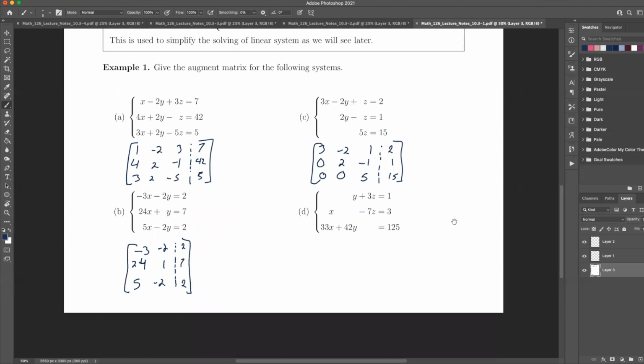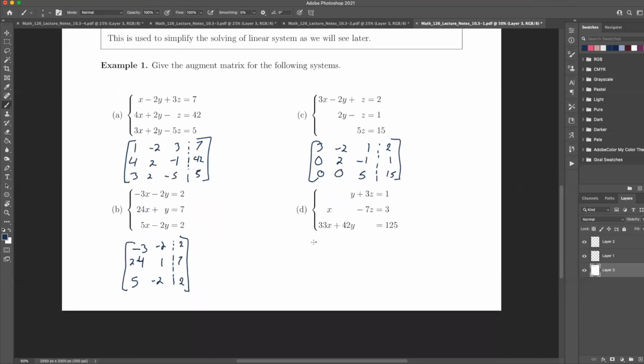It doesn't matter where the 0's are, but please make sure you always have your x in the x-coordinate. So here we have 0 x's, 1 y, 3 z's, and our constant is 1.